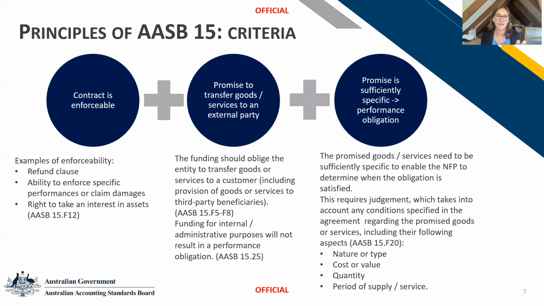So you'll see on this slide, if we look at that first column, I've got a reference in there, AASB 15.F12. So what that actually means is within AASB 15, there is an appendix to that standard. That appendix is a specific appendix for not-for-profit entities to try and help you with the implementation of AASB 15.